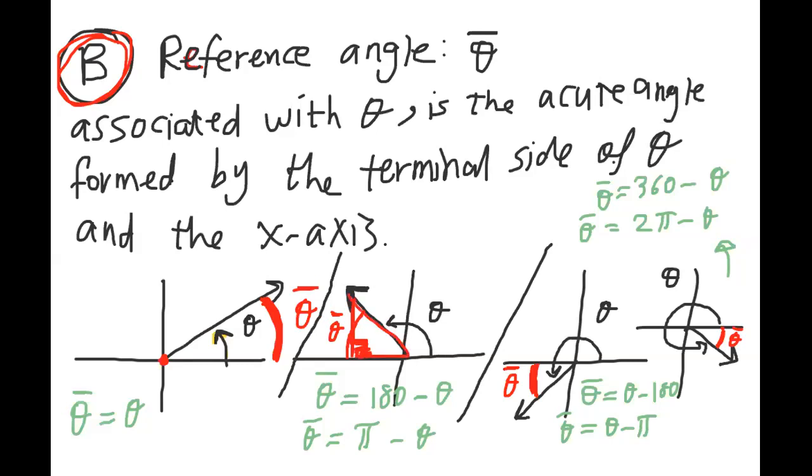For the third one, the same thing, I make the right angle on this side. For the fourth one, the same thing. For the first one, my right angle will be the same.